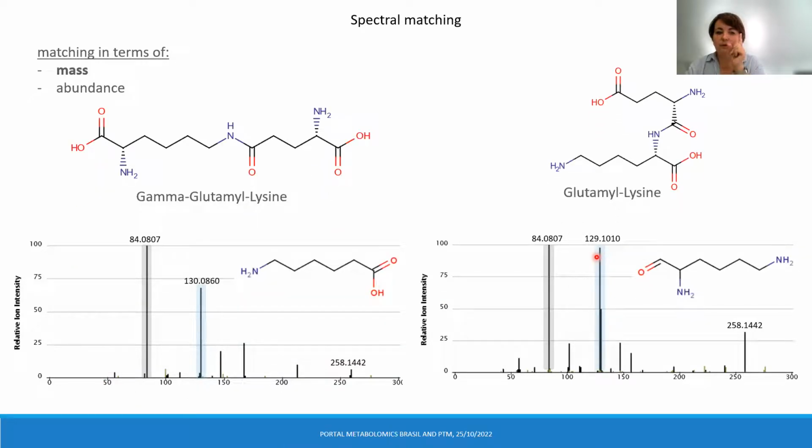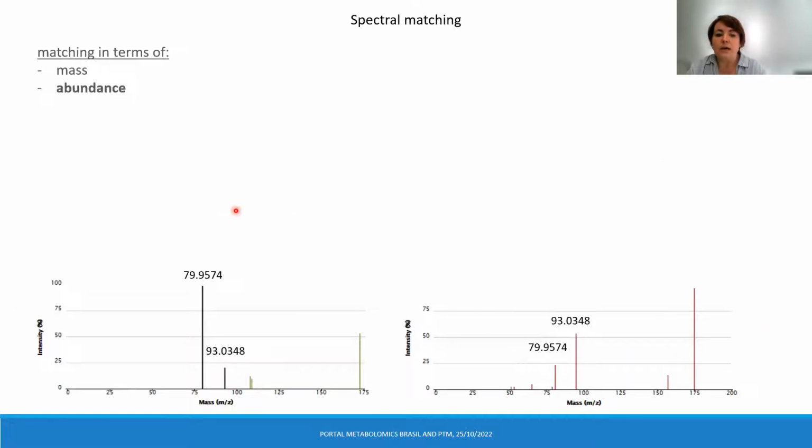There's basically only one Dalton difference between these two fragments, and it's already enough to make a huge difference in the structure of those molecules, because one is glutamyl lysine and the other is gamma-glutamyl lysine, which again comes back to the same point that it will affect our interpretation of our data, because the biological properties of these two molecules are different.